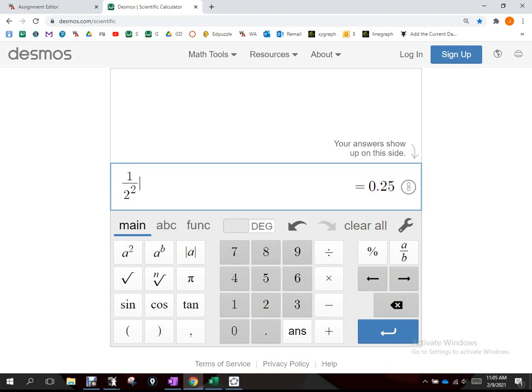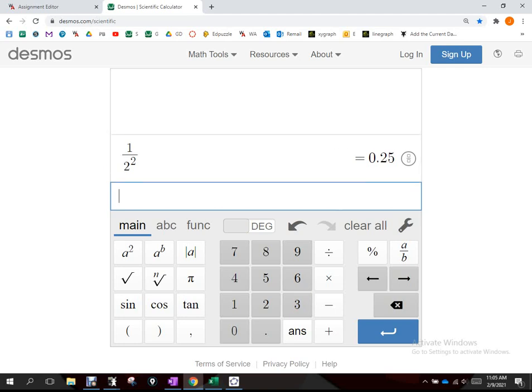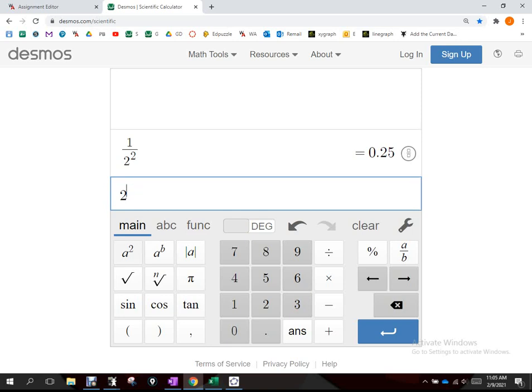Okay. We get 1/4. Obviously, that's 1 divided by 4. Or type this in, 2 raised to the, where is my caret key here? Negative 2, like that. Does it give me the same result?